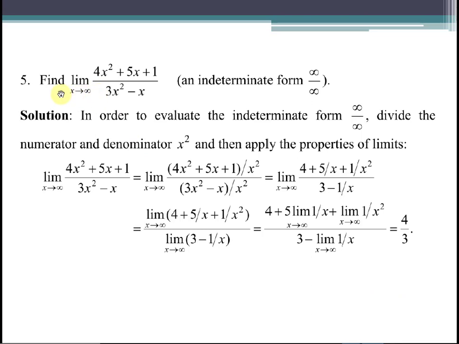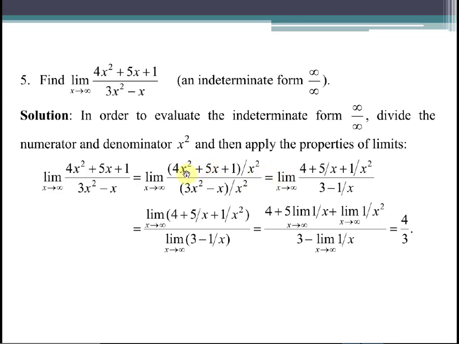Number 5. Find the following limit. Now, if we put infinity instead of x, we have the indeterminate form infinity over infinity. In order to evaluate the indeterminate form infinity over infinity, we need to divide the numerator and denominator by x squared.